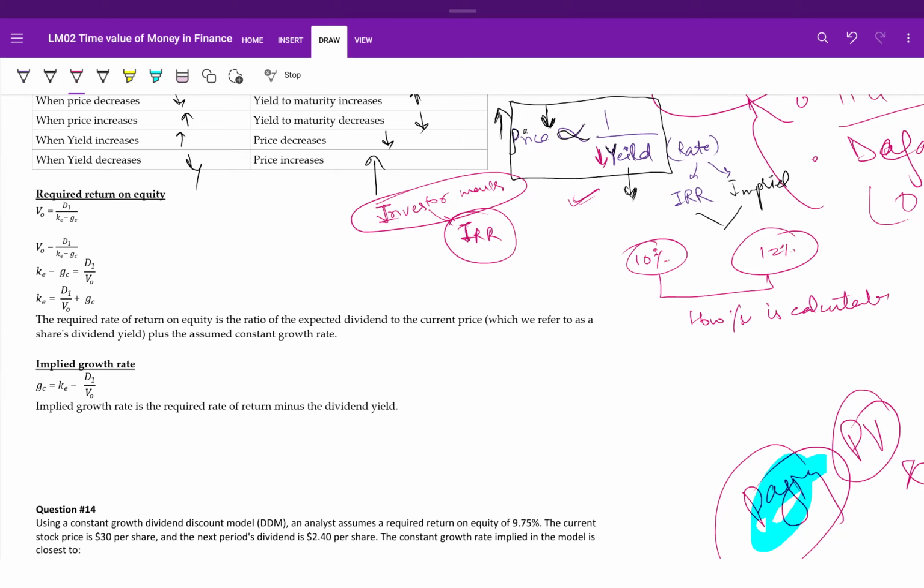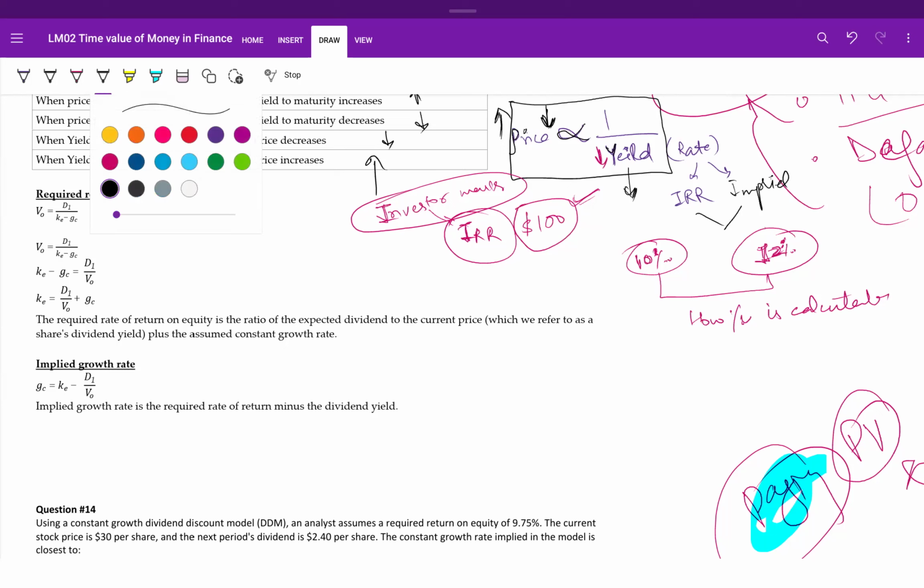So you have a limited amount of money, let's say $100. Which investment would you choose? And this depends. This 12% actually looks lucrative. Obviously, if you are given a chance to have 10% or 12%, you will go with the 12% return.